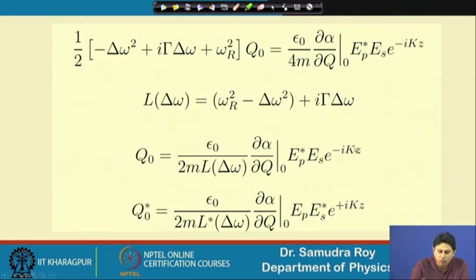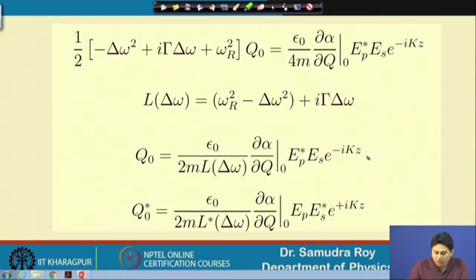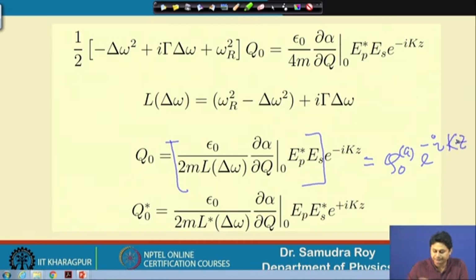So, what we do here to make it more compact, I write Q0 bracket A, which is the amplitude part of that. So, the amplitude part contain from here to here with a phase e to the power of say minus i k z. So, the complex amplitude Q0A is now in this particular form.